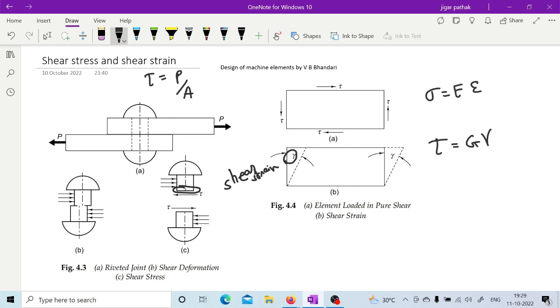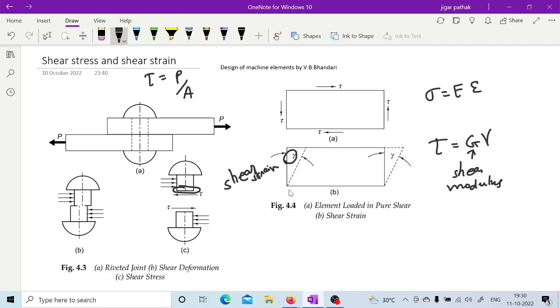As here it is the elastic modulus, here it is the shear modulus. So this is how you can have the relation between shear stress and shear strain, tau is equal to G into gamma, where gamma is shear strain.